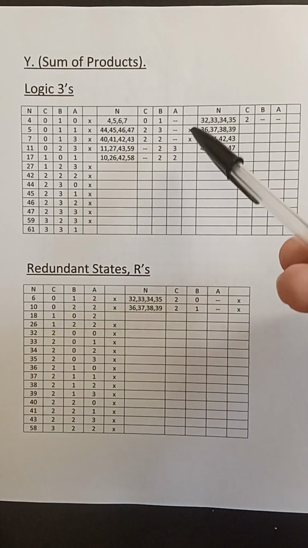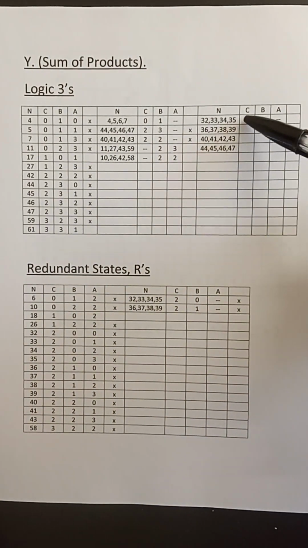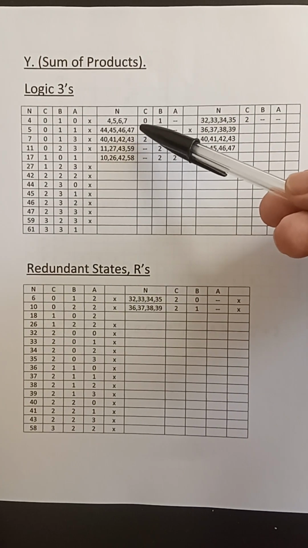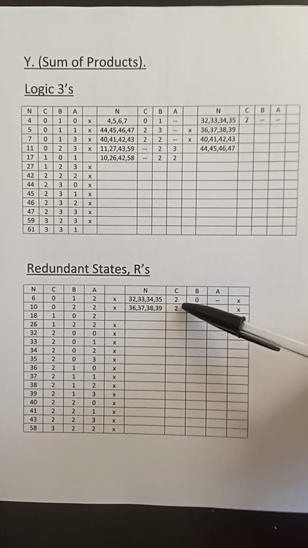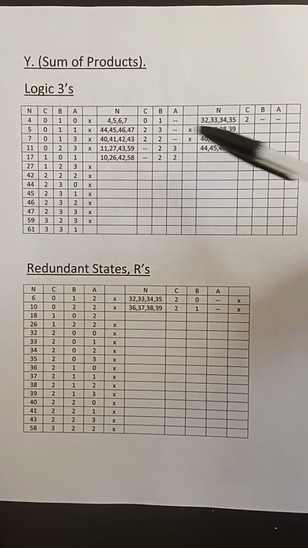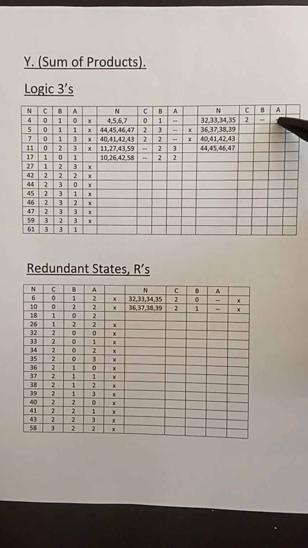So here we have C equals 2 and B and A cancel. Here this is C equals 2 and B equals 0, 1, 2 and 3, so B cancels, and A is a dash anyway, so A just cancels to a dash.